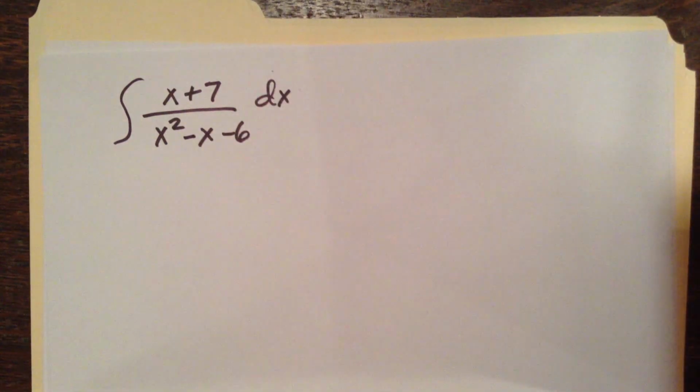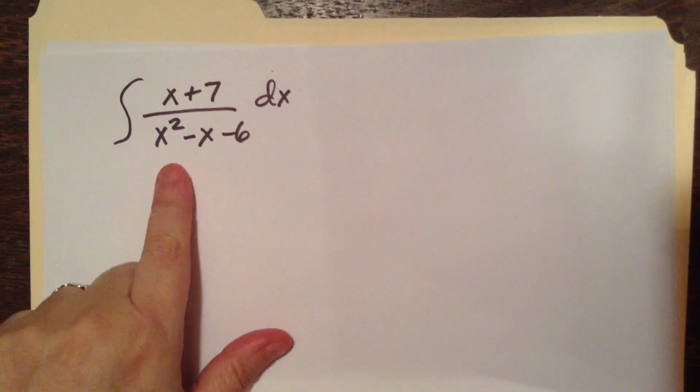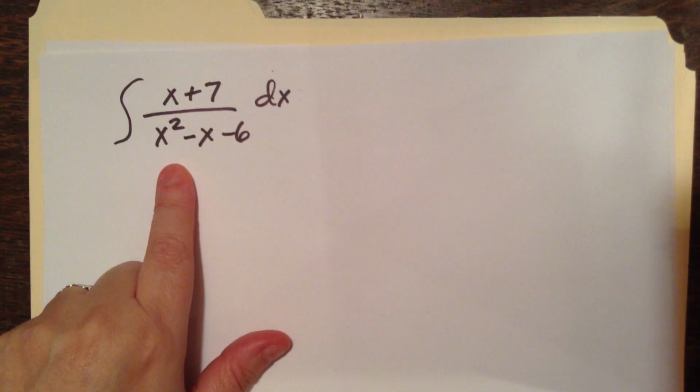Okay, so how would you know to use partial fractions as opposed to one of the other methods that we've learned? Our first method of attack, we would usually try to think of u substitution. In this case, maybe you would let u be what's in the denominator, and you'd ask yourself, is the numerator the derivative of the denominator?